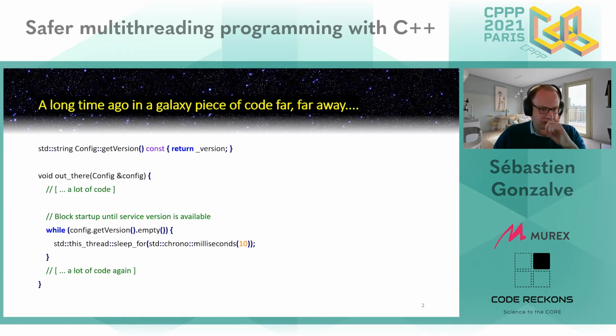It's just waiting for the config and performing a get version on this object, calling this function and waiting for the string to be returned as an empty string. And when the string is empty, then we sleep 10 seconds. This is quite astonishing because either this is single-threaded and this will probably just deadlock, because who will set this string while we are sleeping here if it's not multithreaded?